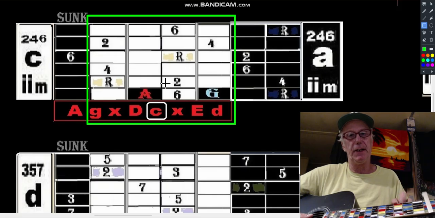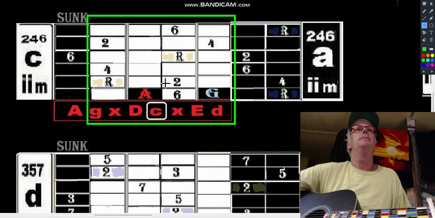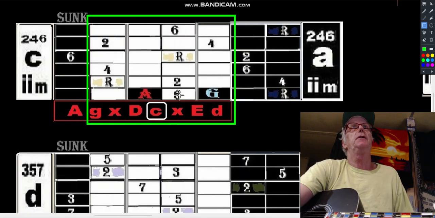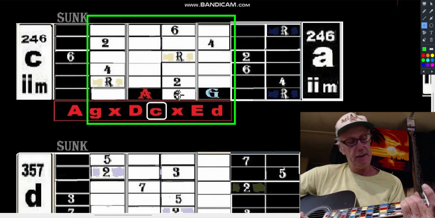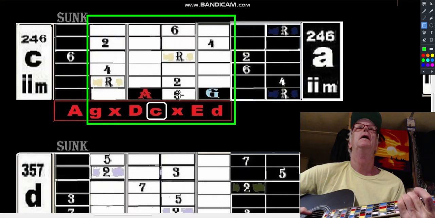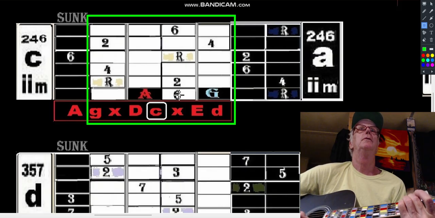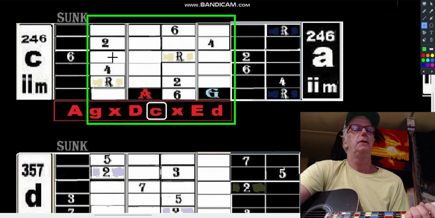They're going to stay that way, and we use the CAGED system. So the C minor on the bottom, we're going to get 6, 2, 4, and then that root. Now what's below that root? Well, guess what? Below the root is the 7th, that would be the 7th flatted rather.